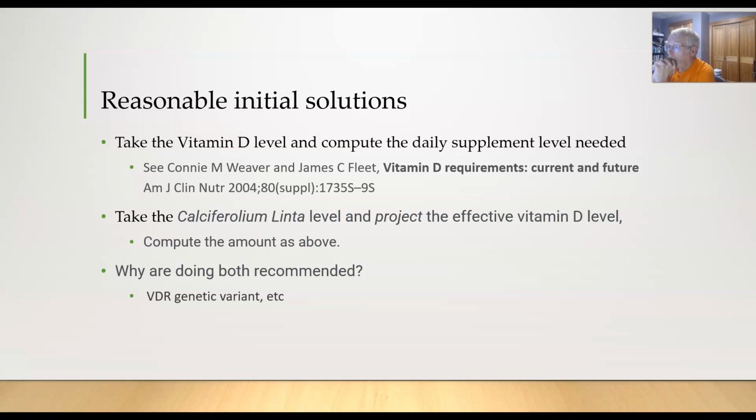Not quite. We also need to be aware of DNA SNP issues involved, for example, the VDR genetic variation, which impacts the absorption and processing of vitamin D. So we have another layer of complexity on top of things.